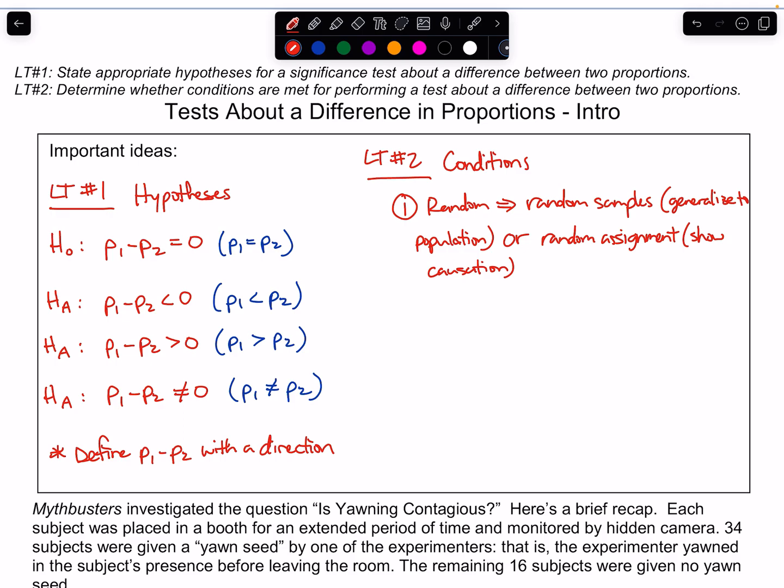Our second condition is the 10% condition, which we only need to check when we are sampling without replacement.